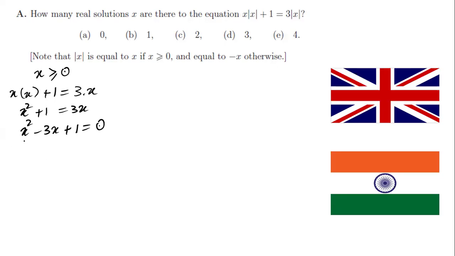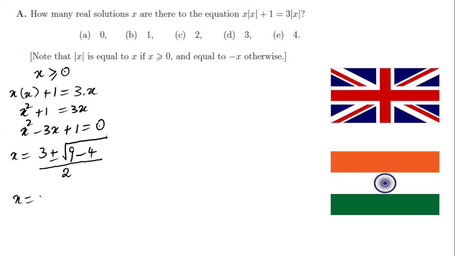We know how to solve this quadratic equation. So x is going to be minus b, where b here is minus 3, so minus b is plus 3, plus or minus the root of b square, 3 square, 9, minus 4ac, 4 into 1, that is 4, over 2a, that is 2 into 1, 2.